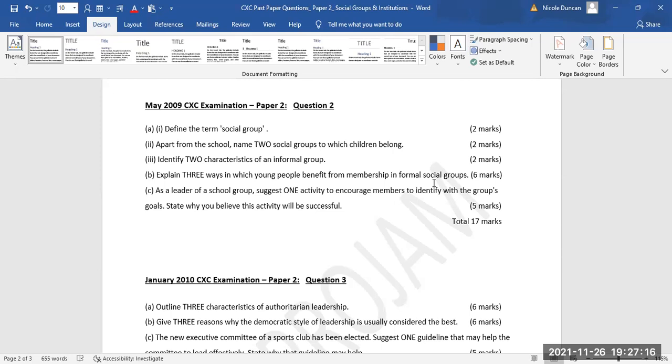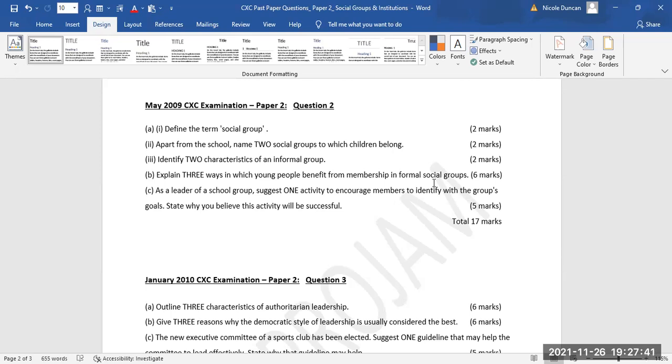Because guess what now? These are opportunities, they get opportunities to learn, especially if they have a position of leadership or they're assigned some position to carry out some tasks in the group, they learn as they carry out those tasks, okay? So that is one of the ways they benefit.